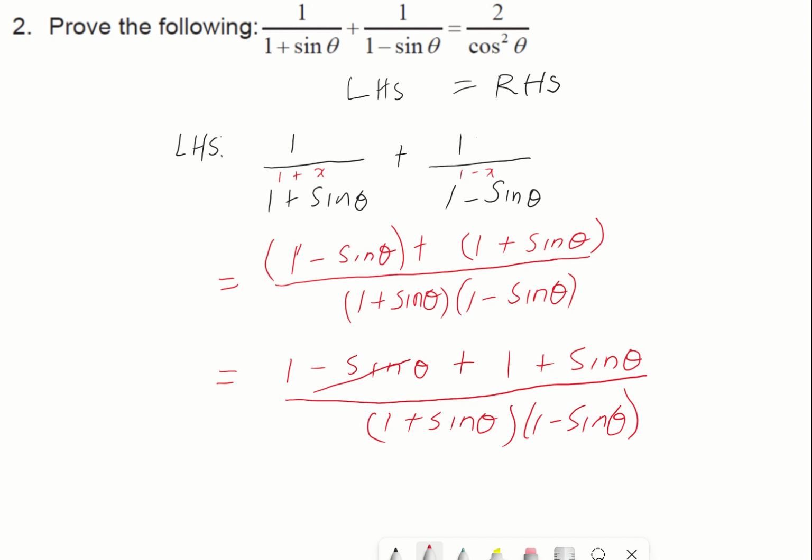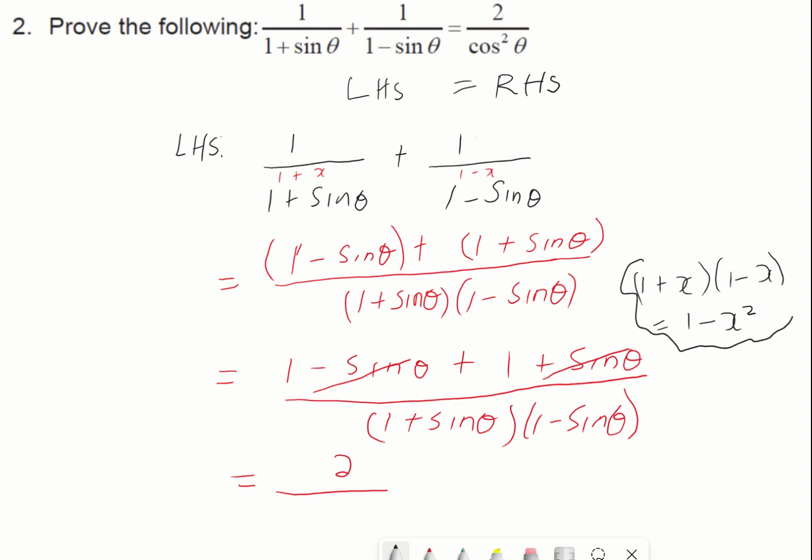This is 1, this is 1, so this is going to be equal to 2. And then look at your denominator. Remember we said 1 plus sine theta can be looked at as 1 plus x, whereby you are treating sine theta as if it's a variable. So when we simplify this in algebraic terms, this is going to be 1 minus x squared.